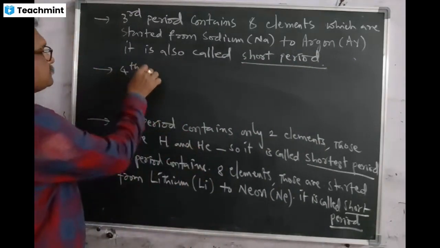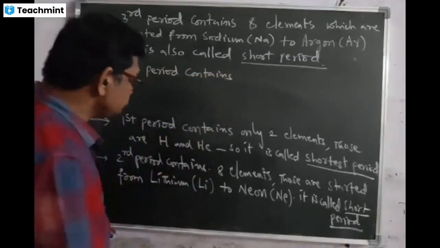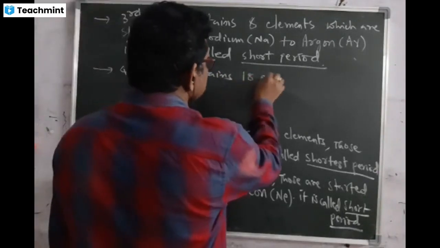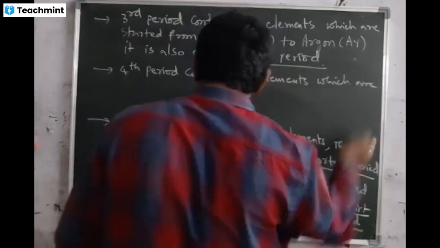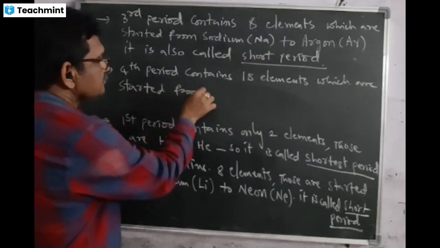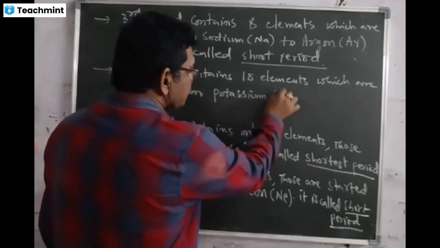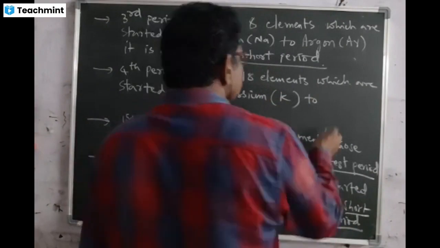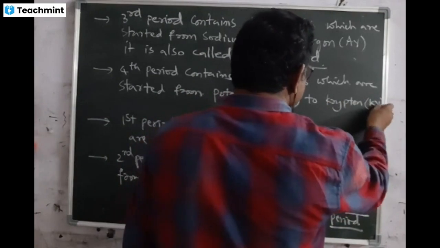Then the fourth period contains 18 elements, which start from potassium, K, to krypton, symbol Kr.